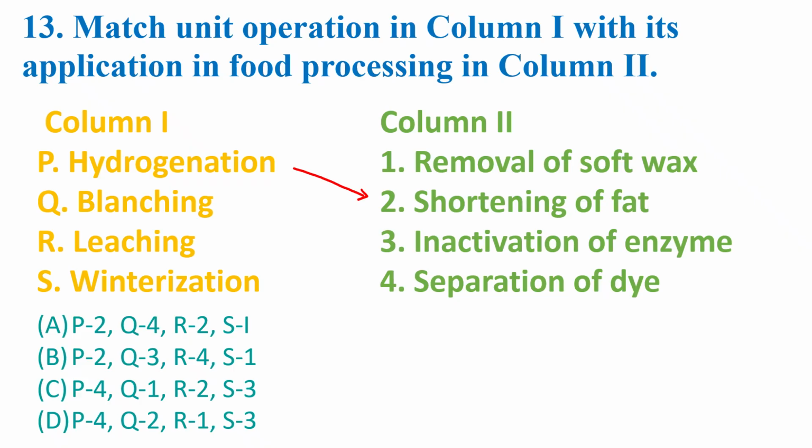Blanching briefly heats the food to inactivate the enzymes, for example peroxidase in the vegetables. So blanching, Q3. Leaching means extracting compounds using some solvents, that means separation of dyes from the plant.